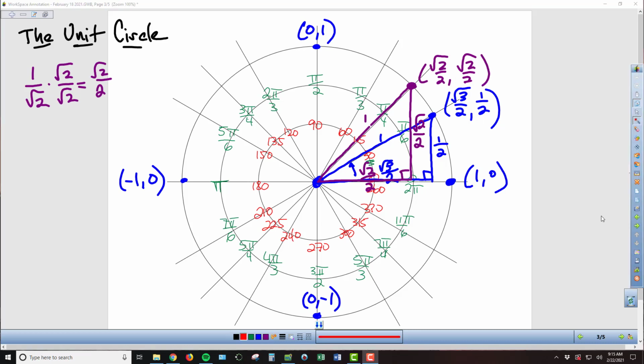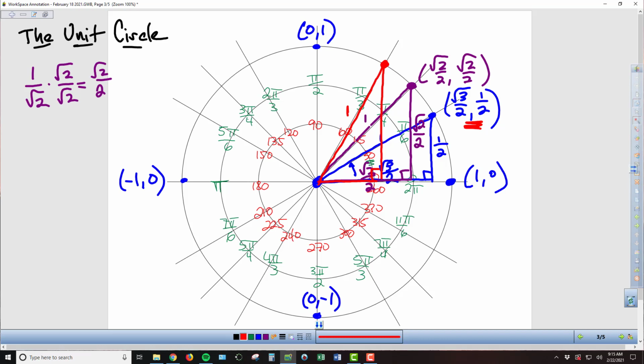Our last location in the first quadrant is here. So we're going to set up the same thing. We're going to drop a perpendicular to create a right triangle. So again, we're really mucking up our diagram here. Now, we've created another 30, 60, 90 triangle with a hypotenuse of 1. So hopefully we're seeing that there should be some similarity with the blue triangle that we did earlier. It's just we have flipped the 30 and 60-degree angles.